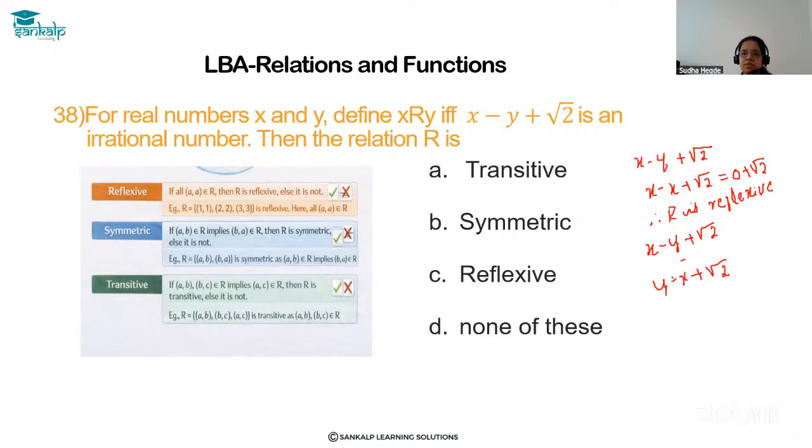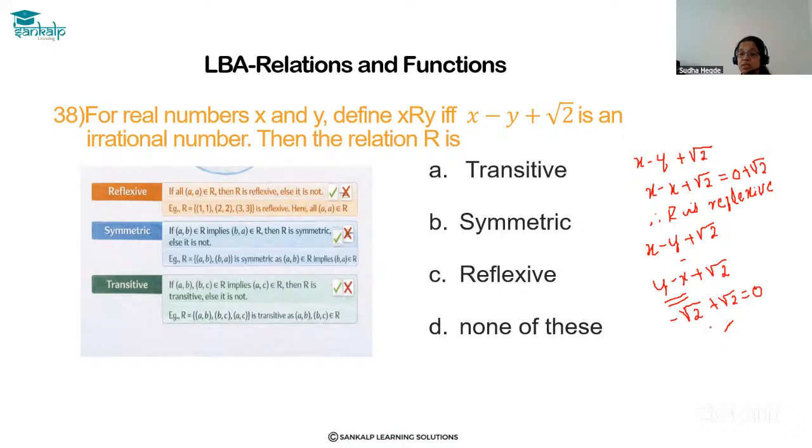If y minus x is anything like minus 2 or plus 2, whatever, it is irrational. But if y minus x is minus root 2, then the whole thing will be minus root 2 plus root 2, it is 0, which is not irrational.